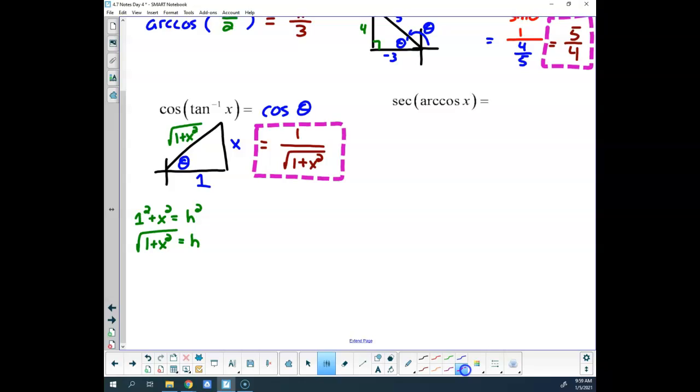I would like you to try secant of the arc cosine of x at this time. These are really good problems. There's a lot of different math involved with them.